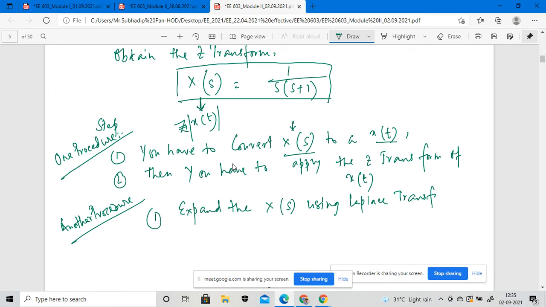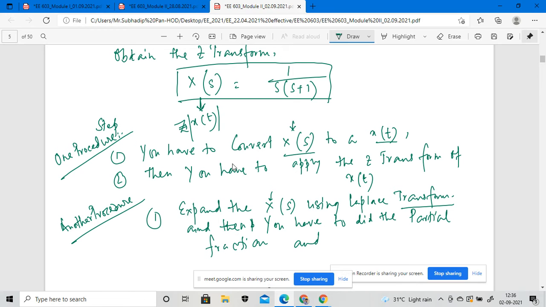Expand the X of s using the Laplace transformation, and then whatever output you get after doing the Laplace transformation of X of s, you have to do the partial fraction, and use a Z transformation table.